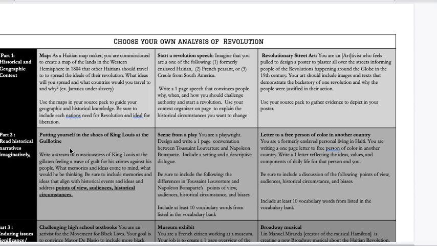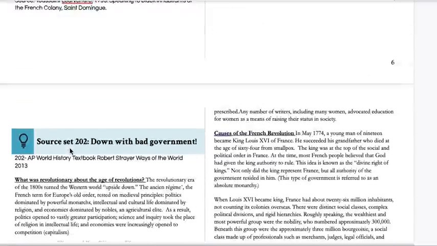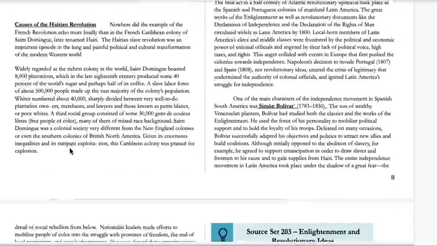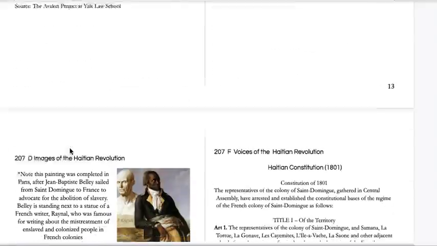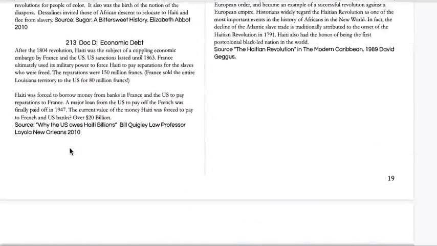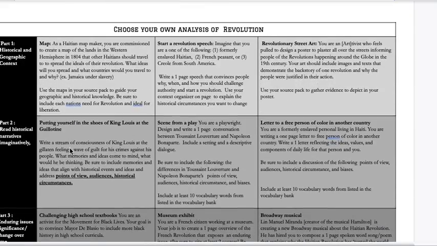Again, you might want to reference sources such as the readings on pages 7, 8, and 9 and 10 maybe. That will help you get some information for how to think about putting yourself in the position of King Louis.